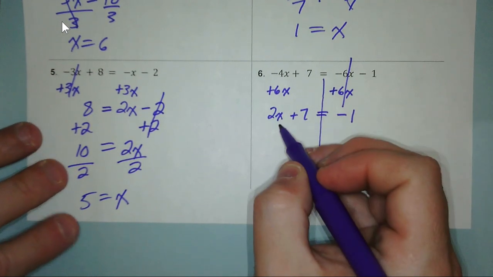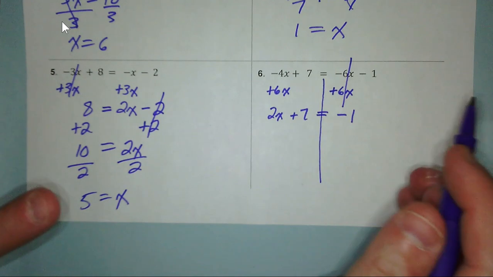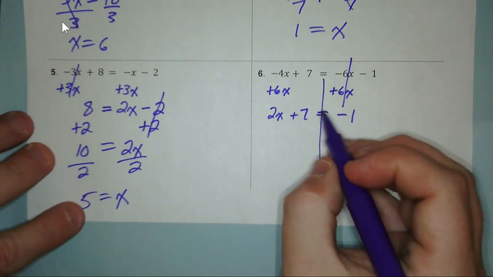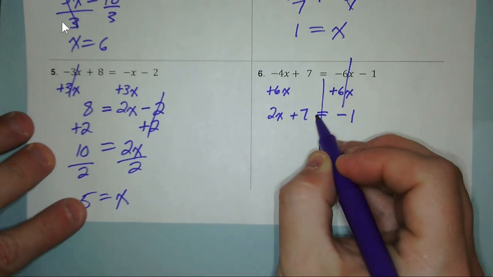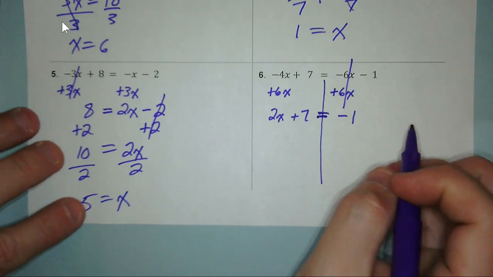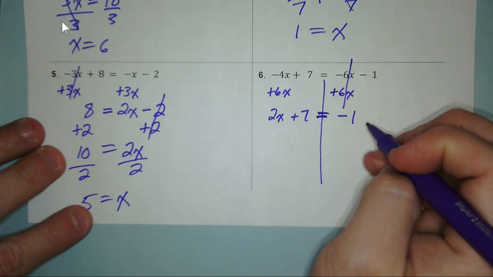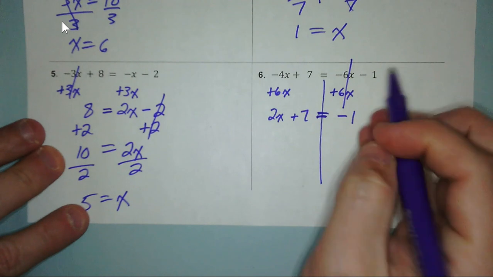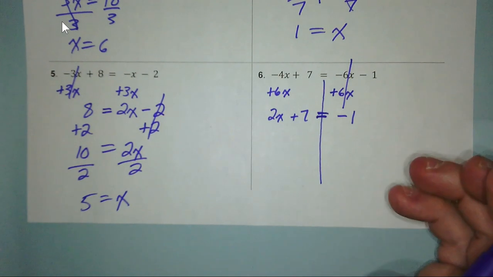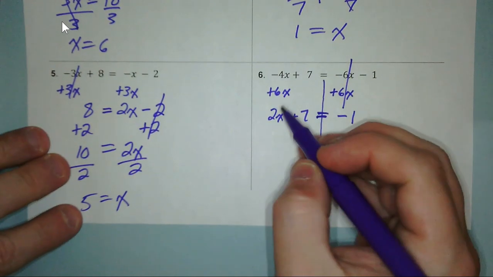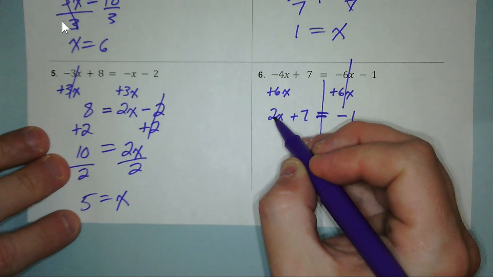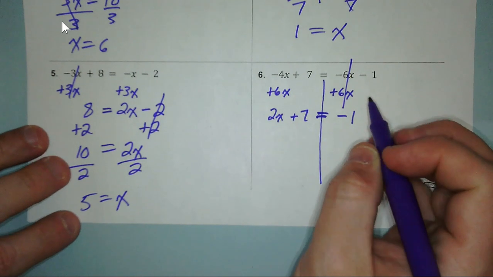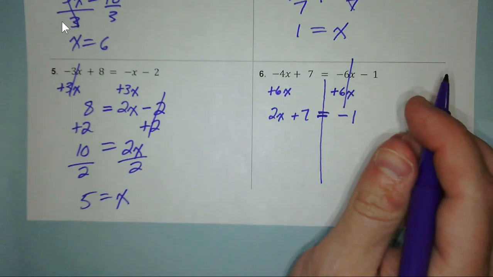Now that x is only on one side, now we want to get it all by itself. So what do we do next to get x by itself? That wouldn't be wrong or anything. Like we can move this 2x to the other side. I mean, that wouldn't be wrong, necessarily.